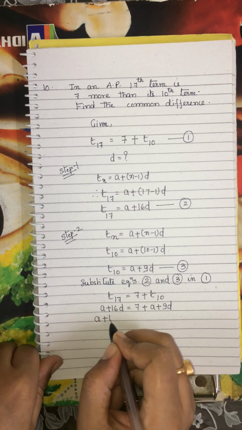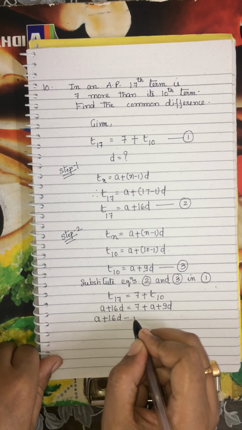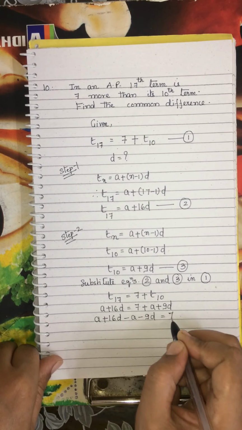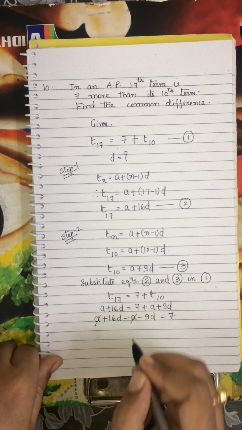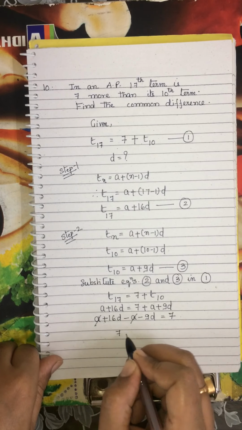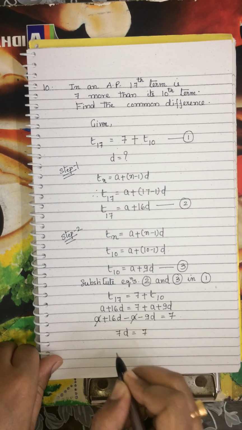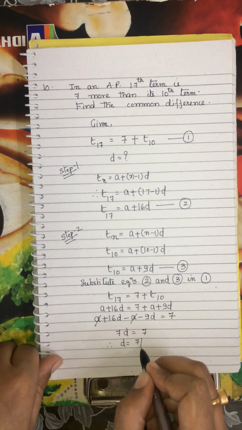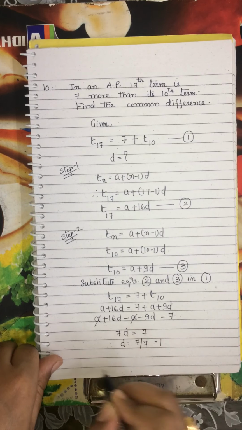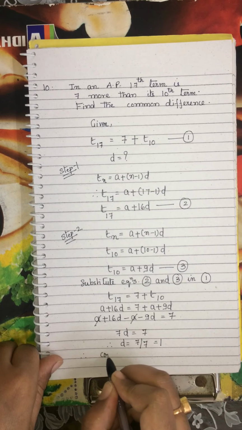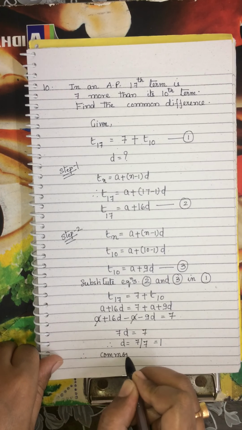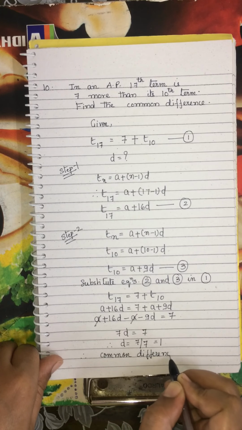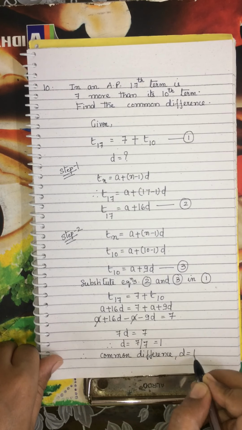Let us move the similar terms, like terms. A and A got cancelled. 16D minus 9D is 7D, which is equal to 7. Hence D is equal to 7 upon 7, that is equal to 1. So the answer is common difference D is equal to 1.